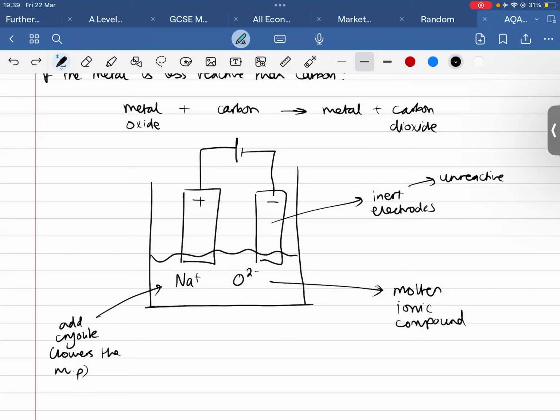And then the only thing left is just for you to know that opposite charges attract. So the sodium is positive, so it will go to the negative electrode. And the oxygen is negative, it will go to the positive electrode. After you've done that, they could ask you about half equations. But just remember that opposite charges attract.